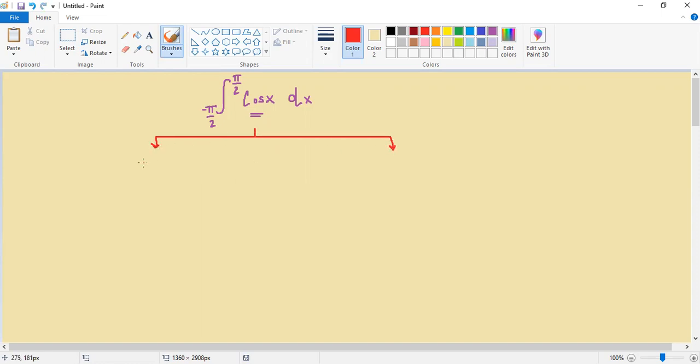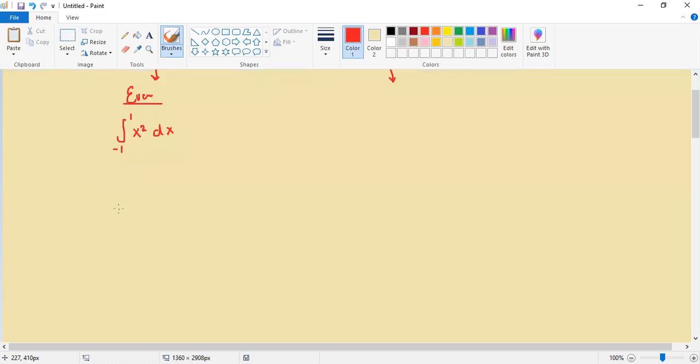The first type is your even integral property, when your integrand is even. For instance, if we had something like f of x equals x squared, and you had it from the points of -1 to 1, your graph would look something like this.